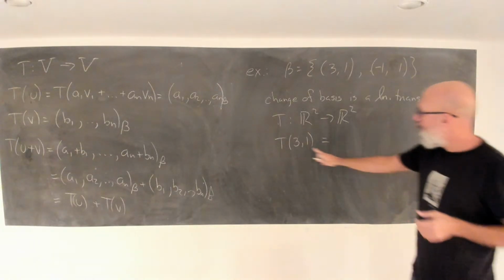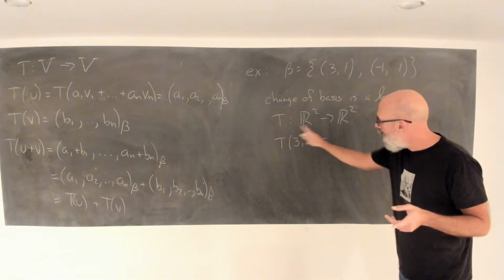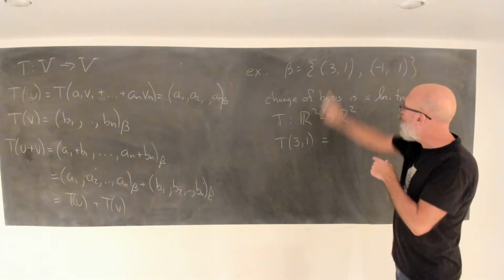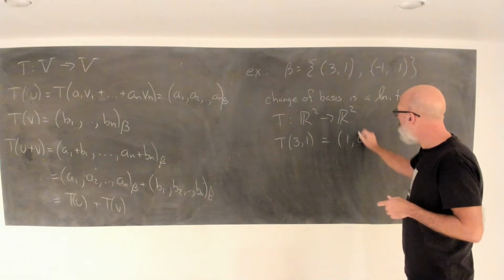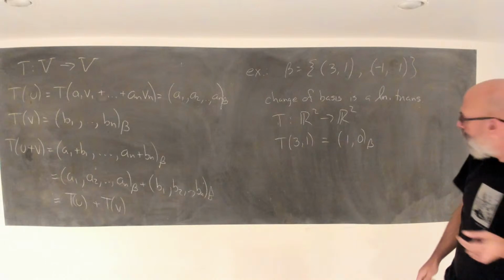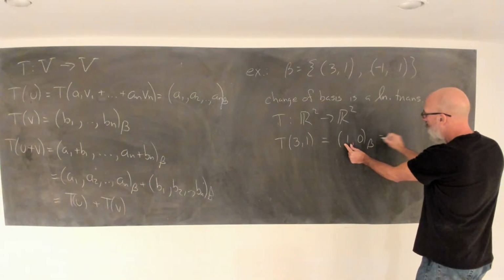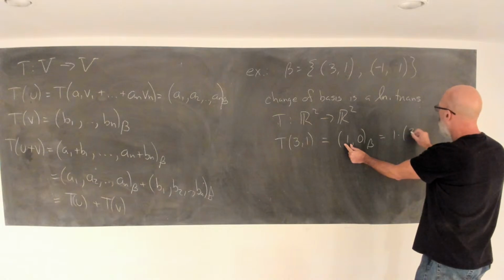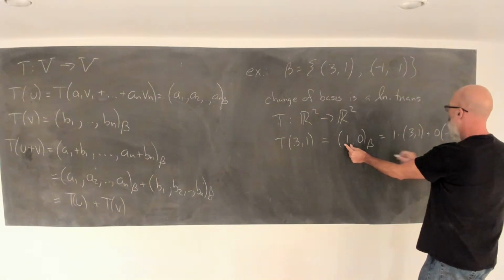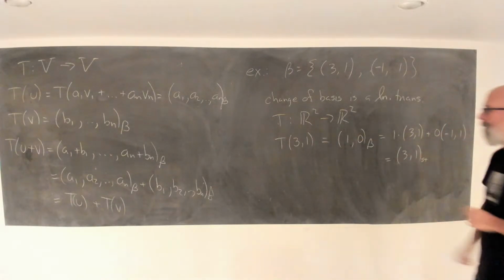So I'm going to make a difference because I'm just going to look at this vector element. So our transformation here sends the vector (3, 1) to the vector (1, 0) in B. Right? Because this means 1 times the first basis element plus 0 times the second, which is the vector (3, 1) in the standard basis.